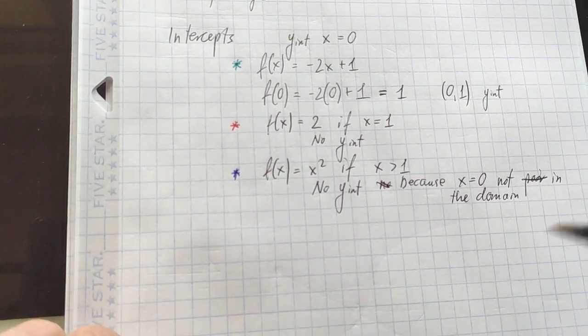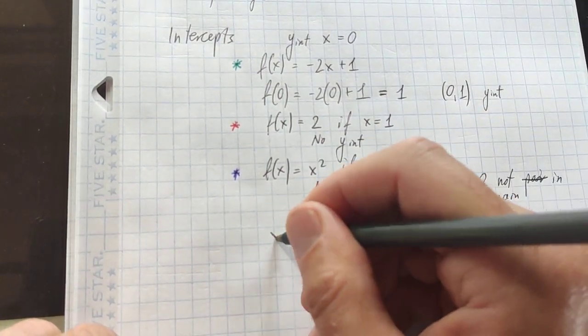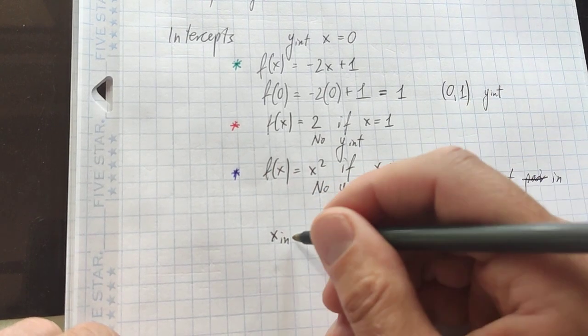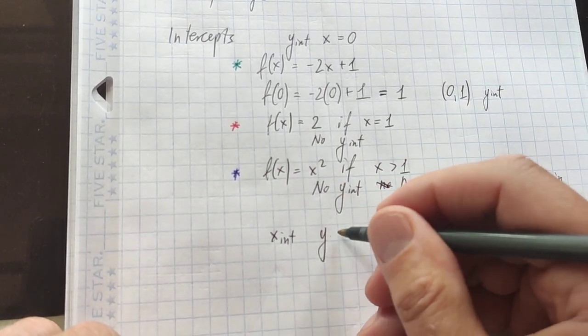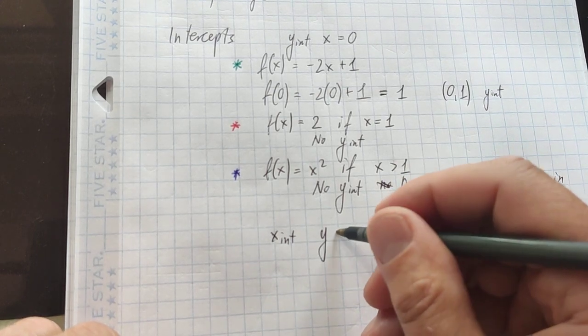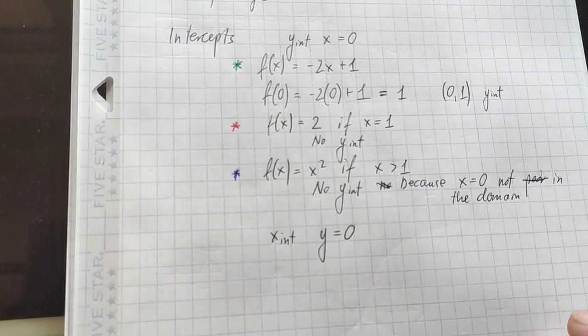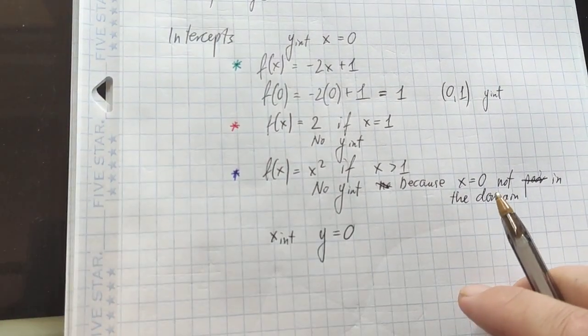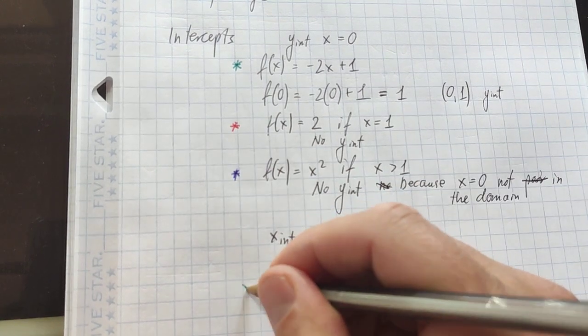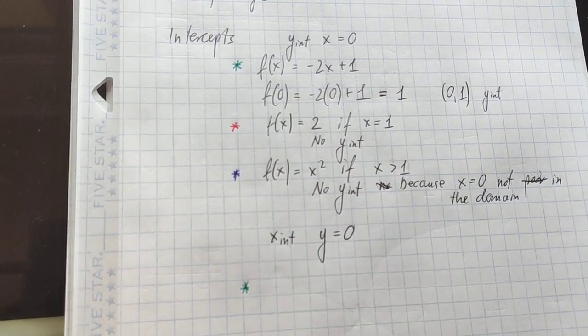Okay, so let's think about x-intercepts now, because we can have more than one, right? So maybe there'll be more than one. For an x-intercept, the y needs to be 0. So let's try the green one. See if there's an intercept in the green function.